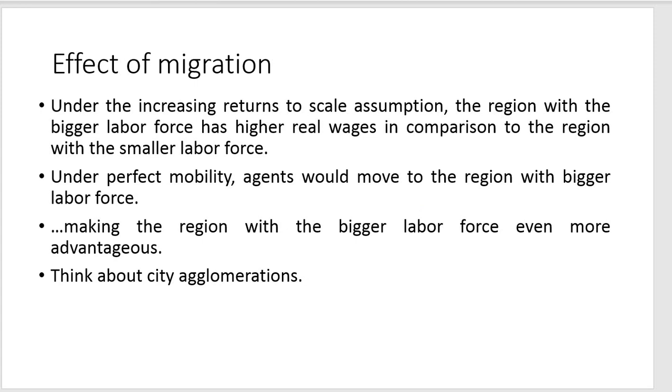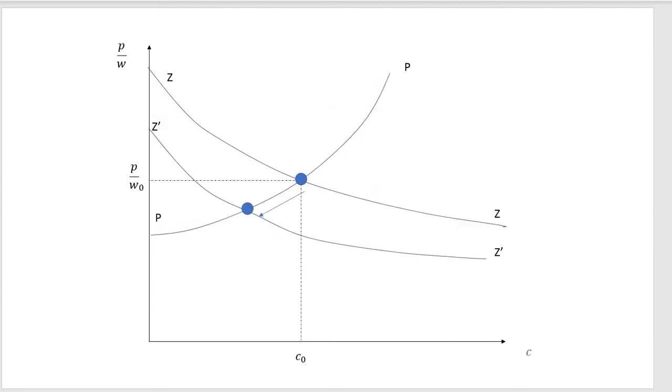So if we assume that there are two regions with identical technologies and preferences, but one of the regions is slightly bigger, then we can immediately say that in this region real wages will be higher in comparison to the smaller region.